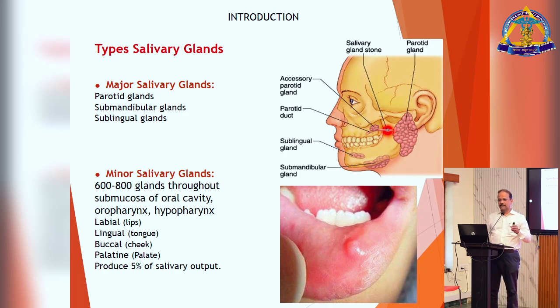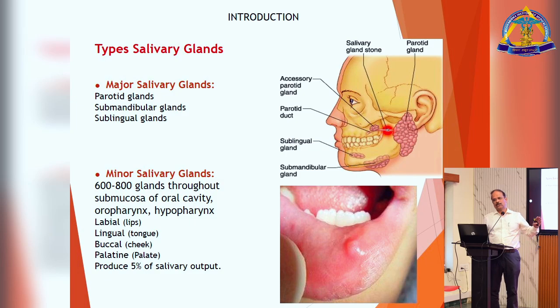Salivary glands are also present in the maxillary antrum, nasopharynx, larynx, trachea and esophagus. Adenoid cystic carcinoma can occur in the esophagus. These are ectopic situations because they commonly develop from aerodigestive embryology, so you can have salivary gland tumors from these regions also.